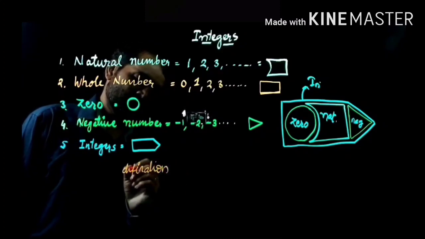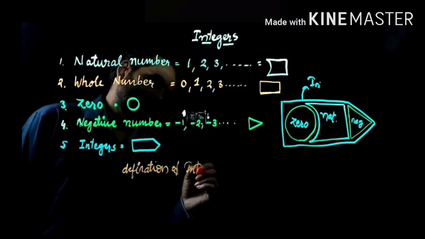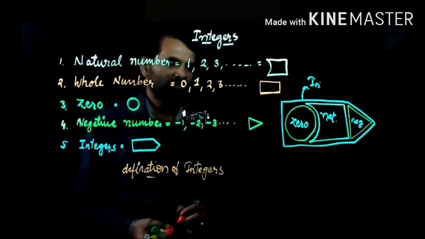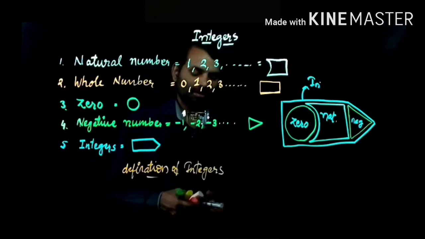Definition of integers: the collection of whole numbers, zeros and negative numbers with positive numbers is called the integers.